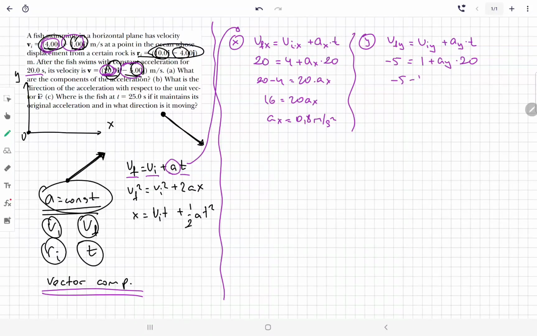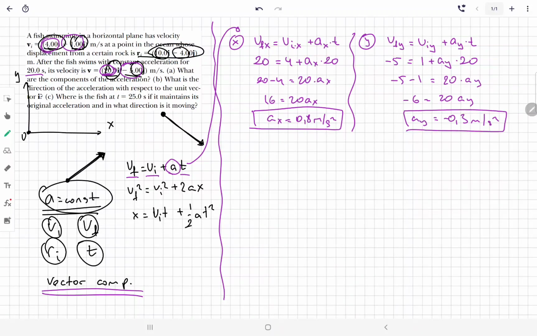So -5 minus 1 equals 20 times ay. -6 equals 20 times ay. ay equals -6 over 20. It's -0.3 meters per second squared. So these are the components of the acceleration. We already answered the first question.